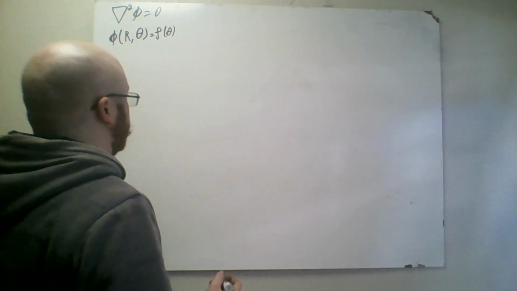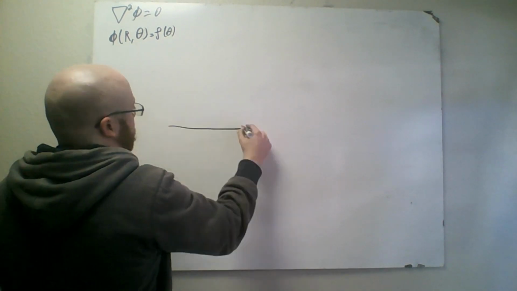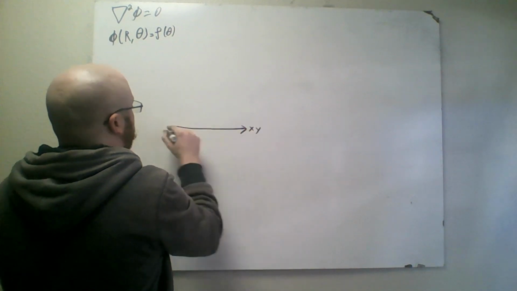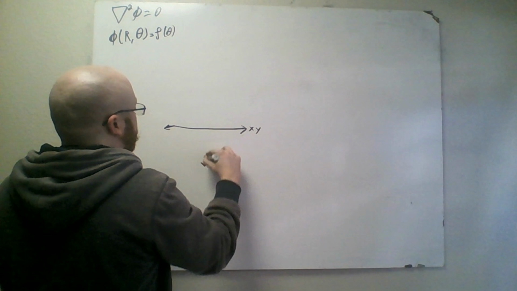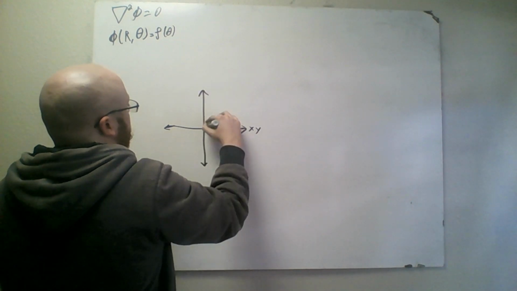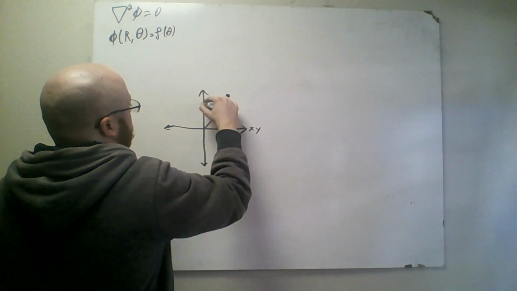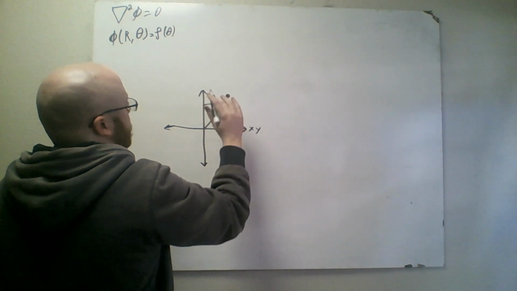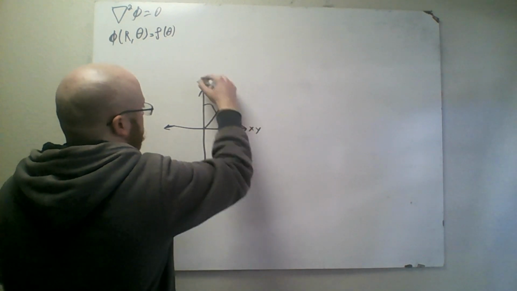Okay. So that's kind of a brief refresher of spherical coordinates. First thing, this is going to be the xy plane. So imagine you're looking head on, and this is going to be your point. So this is your theta, this is your r, and then if we go back, this is z.